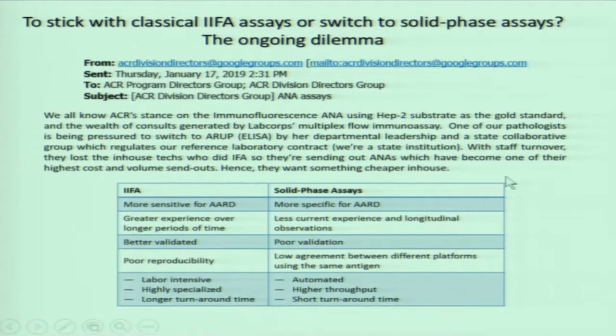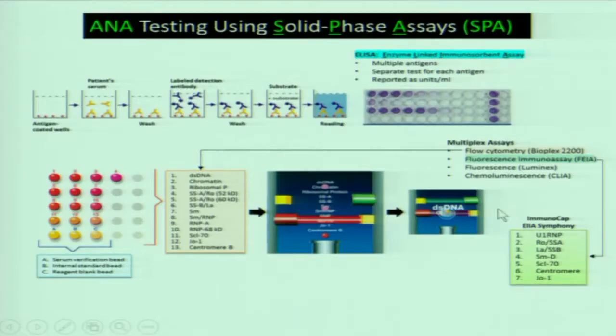On the other hand, the solid phase assays are more specific, but there is much less validation of them, much less experience in large cohorts over time, poor validation in many cases, and low agreement. On the other hand, they are automated, they have high throughput, and they have a short turnaround time. So there are advantages and disadvantages.